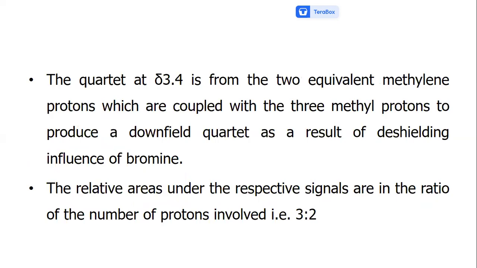The quartet at delta value 3.4 is from the two equivalent methylene protons, which are coupled with the three methyl protons to produce a downfield quartet as a result of the deshielding influence of bromine. The relative areas under the respective signals are in the ratio of the number of protons involved, that is 3:2.